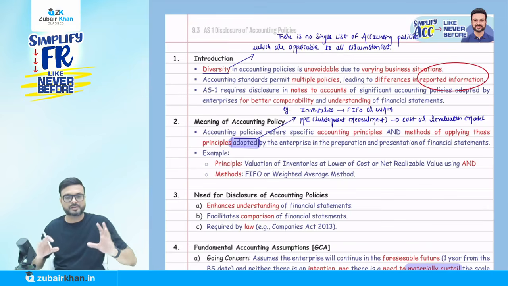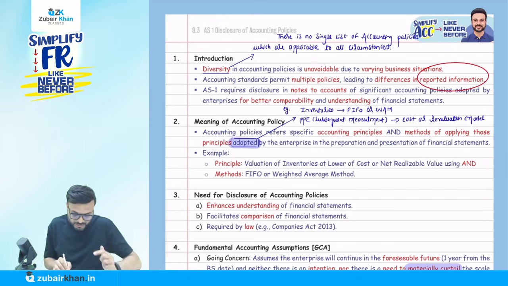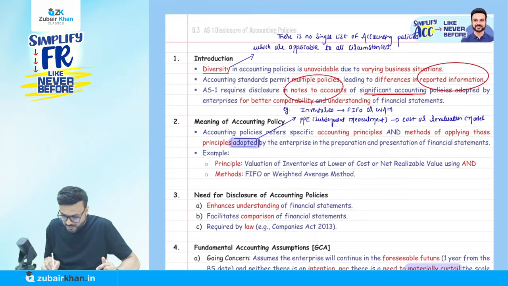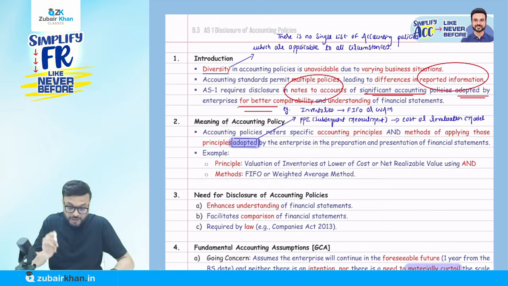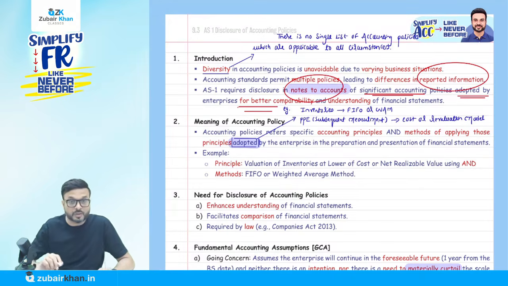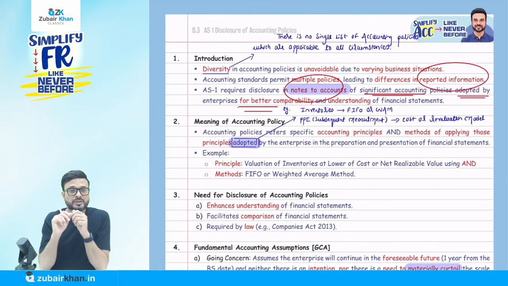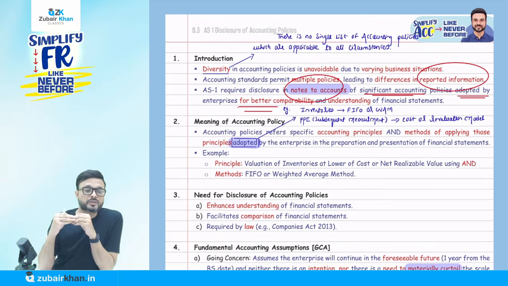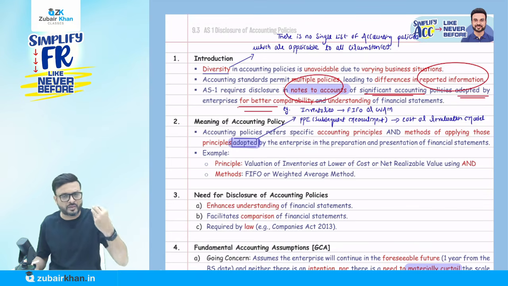I'm just giving an example here. AS1 requires disclosure in notes to accounts of the significant accounting policies adopted by the enterprise, for better comparability and understanding of the financial statements. This is an important point: we have to disclose the accounting policy in notes to accounts, so users of financial statements will come to know that this entity has followed, for example, the FIFO method or weighted average method.